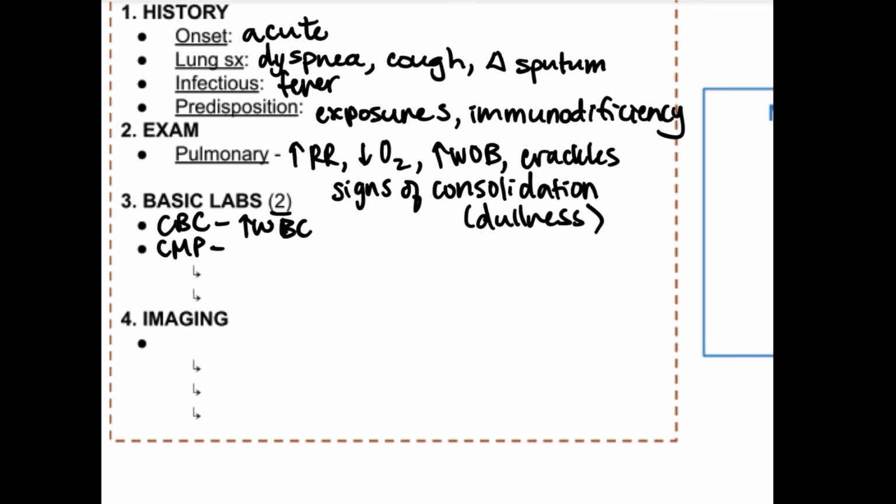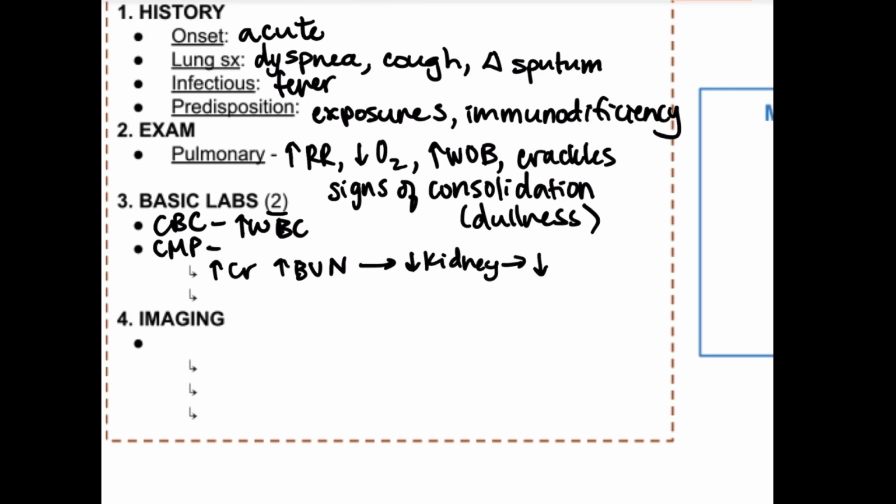This one's interesting because it doesn't tell us directly about whether there's an infection, but if there is elevated creatinine, elevated BUN, this tells us that the kidneys are not working very well, and that makes our prognosis worse.